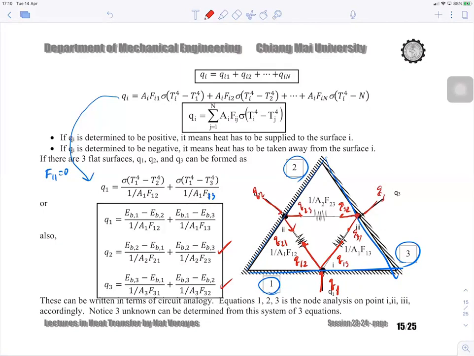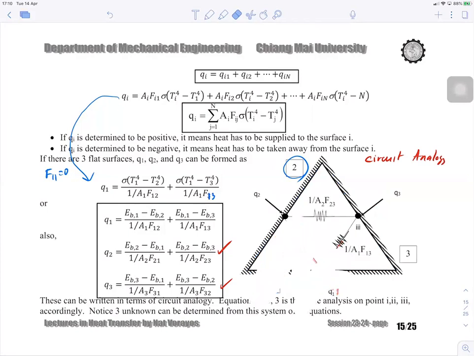This is the circuit analogy once again. It seems that for the black body, let me clean it up. For the black body, you can represent the black body by the nodal, like that.